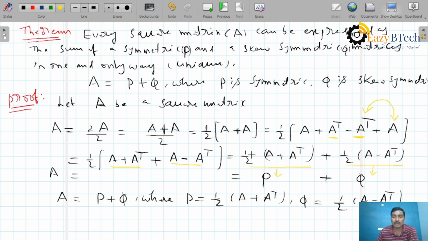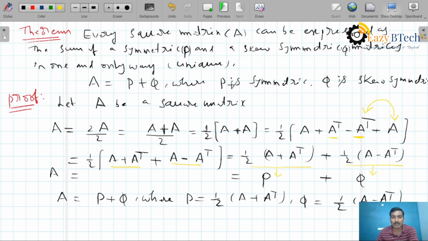Now we have to show that P is symmetric and Q is skew symmetric. First we have to show that P is symmetric. Already in the last slide we discussed that symmetric means A transpose equals A. If A transpose equals A, then A is called symmetric.